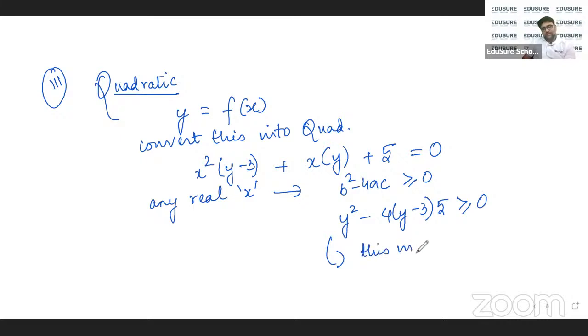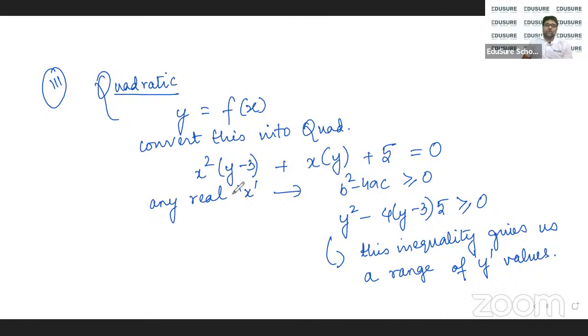This inequality gives us a range of y values. So what I do is y is equal to f(x), convert this into a quadratic. Since this holds for any real x, find out the discriminant that has to be greater than equal to 0. This inequality, when you solve, you'll get a particular range of y.